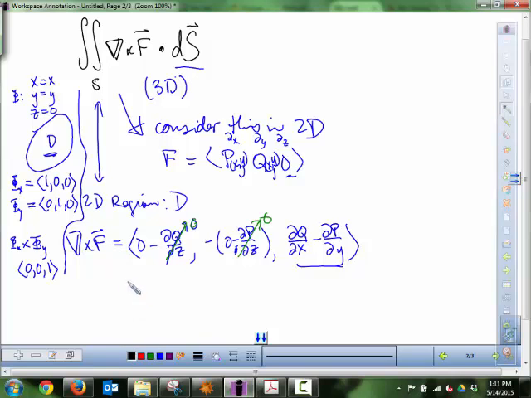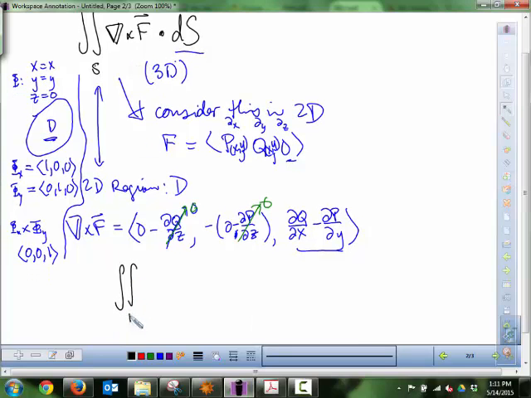So what we have here is our flux integral is now going to become a double integral of 0, 0, and then this thing, dotted with 0, 0, 1, sometimes called the k vector, dA, dx dy.